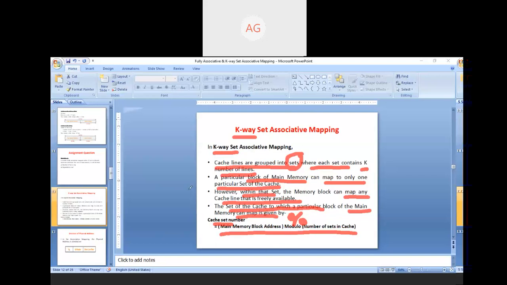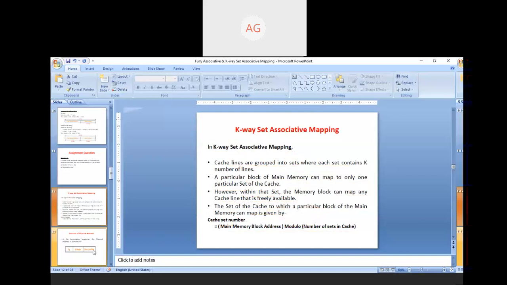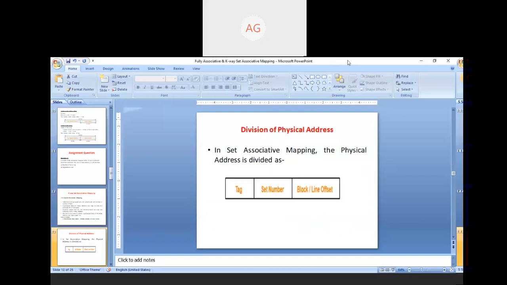Moving to the next slide, just remember this important theory based on K-way set associative mapping, because it is very important in order to solve the numericals. As we already know the division of the physical address in direct and fully associative mapping, in K-way set associative mapping the physical address is divided into three parts.